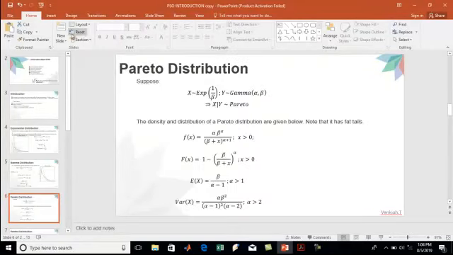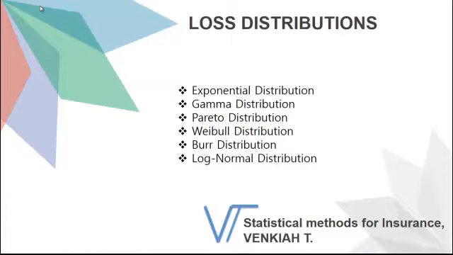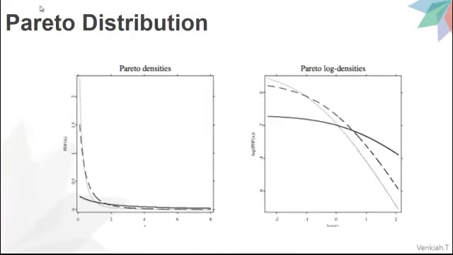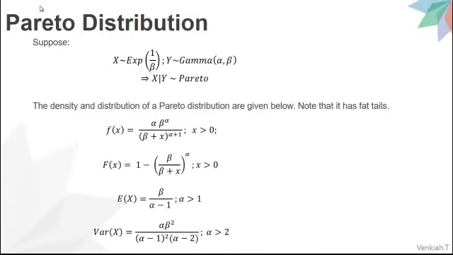Now we come to the Pareto distribution. It's an assumption that if x follows exponential of 1 upon beta and y follows the gamma distribution of alpha and beta, then x conditional on y will follow a Pareto distribution.